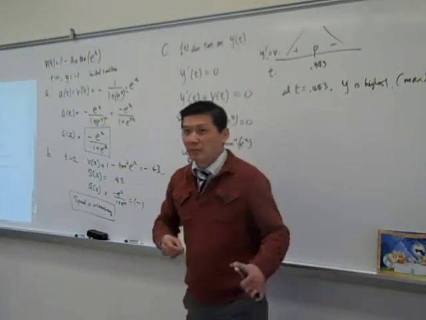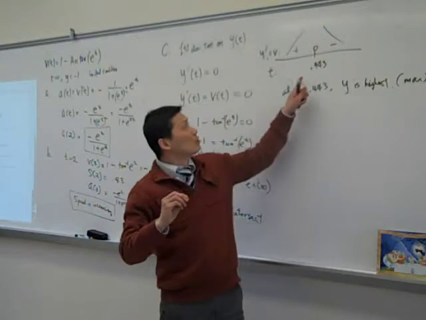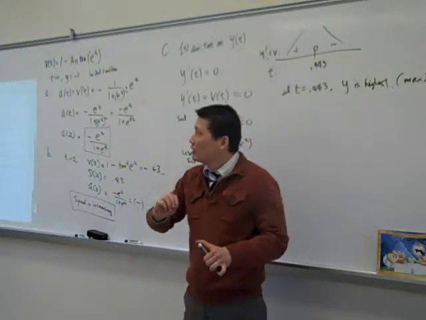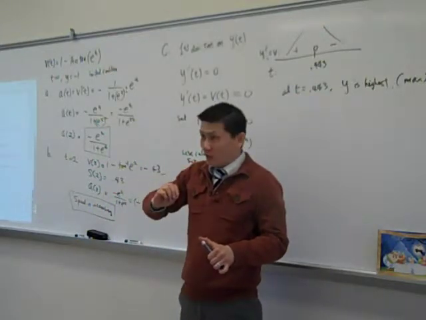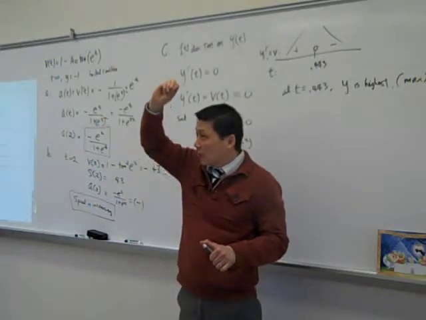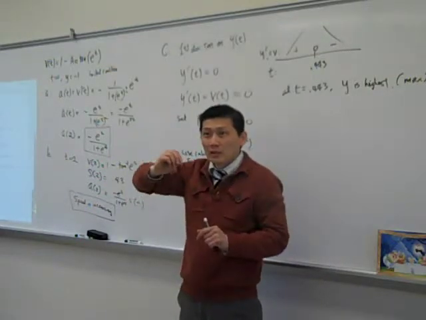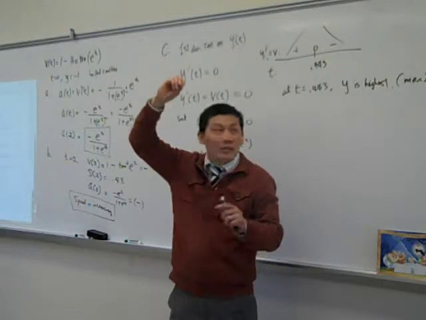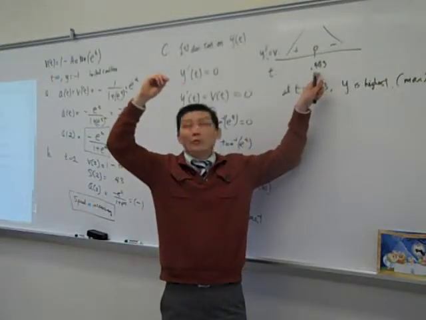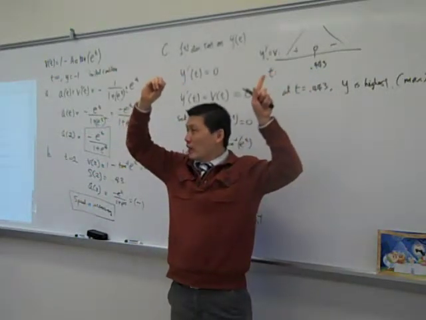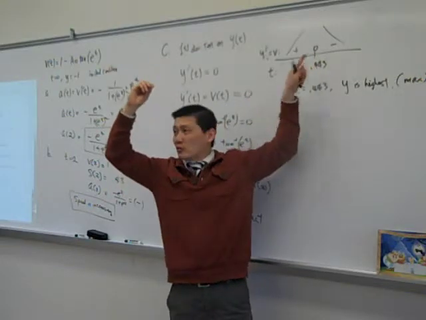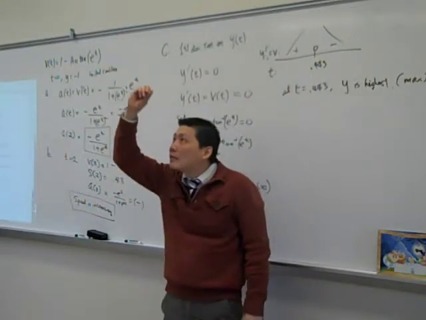Velocity from time equal to 0 to time equal to 0.443 is positive, right? So that means the particle is going up. But eventually it slows down, and at time equal to 0.443 seconds, the velocity becomes 0. So it stops.